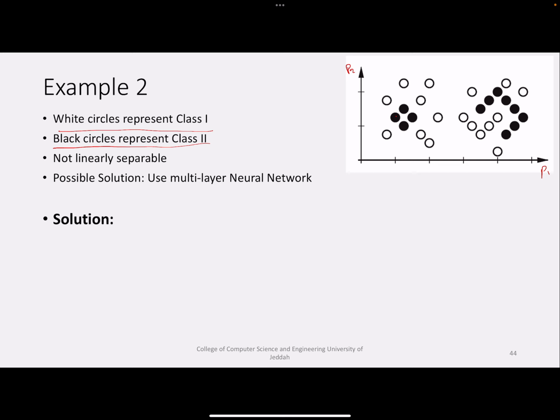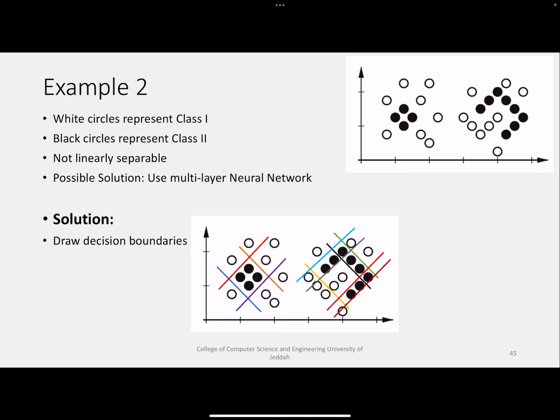So the sum total of all the decision boundaries that we need drawn together look like this. Looks a little overwhelming, I know.